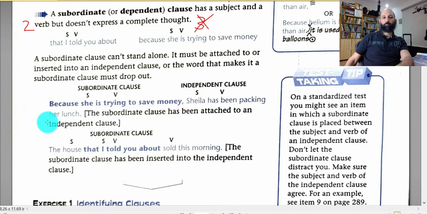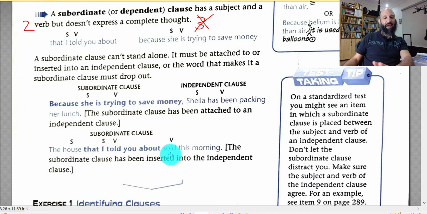How about this one? "The house that I told you about sold this morning." Here what we did is the subordinate clause was inserted into an independent clause. So if we read this sentence without our problematic fragment, it will be "the house sold this morning."